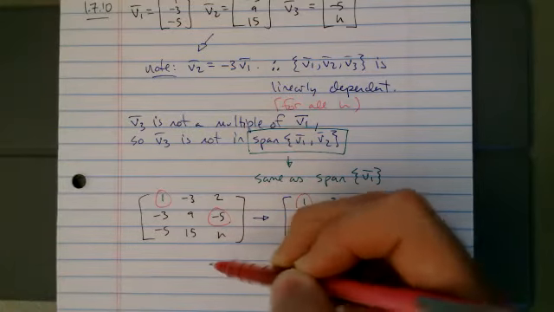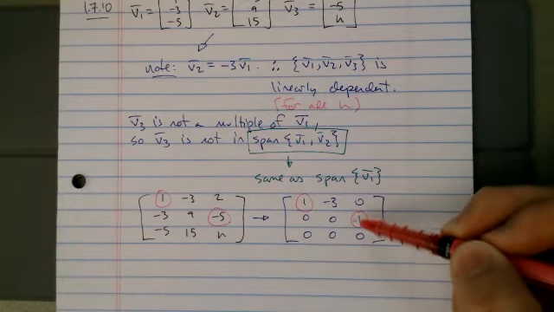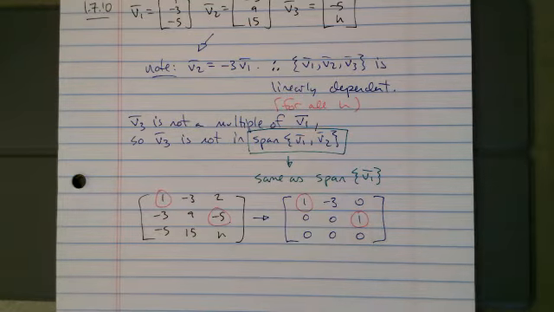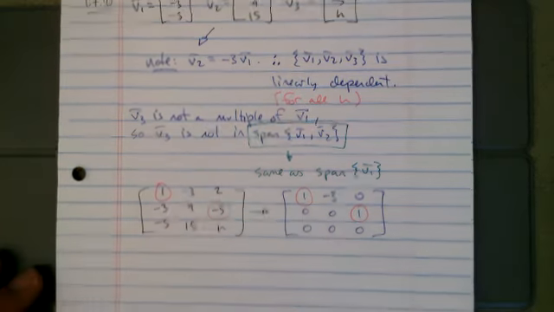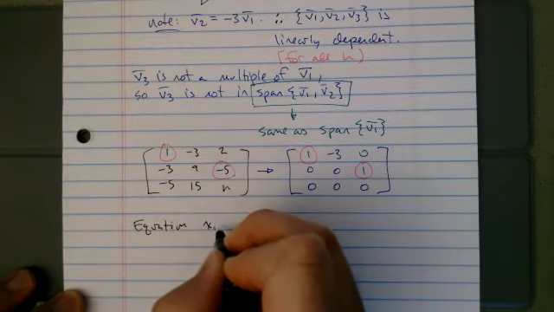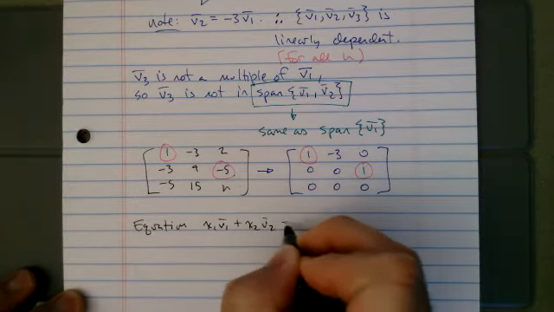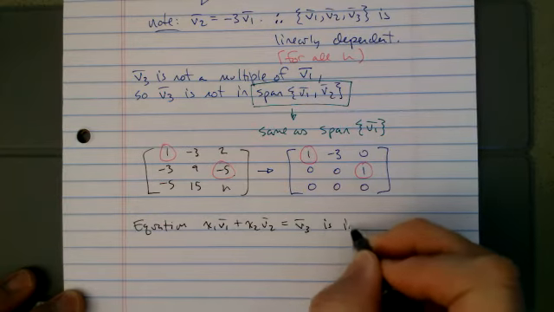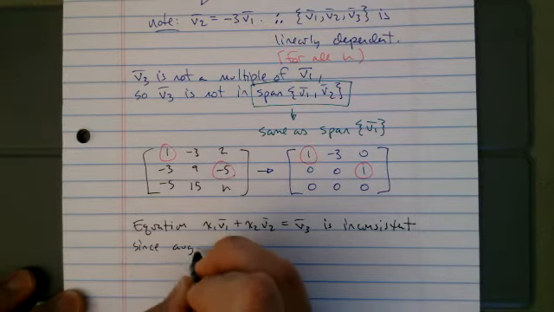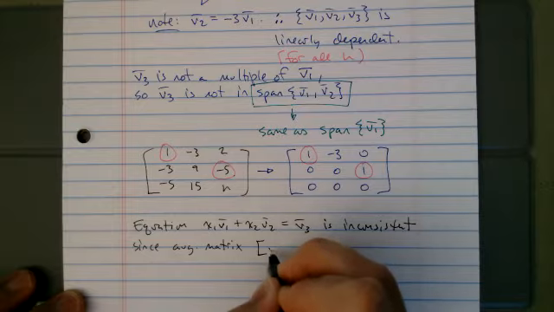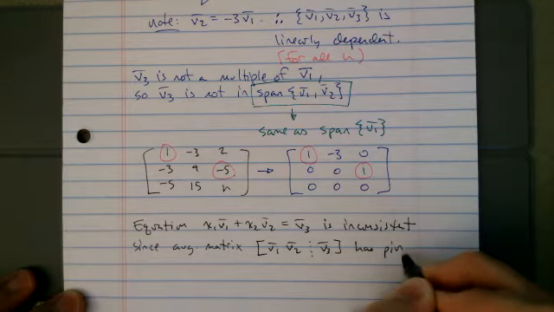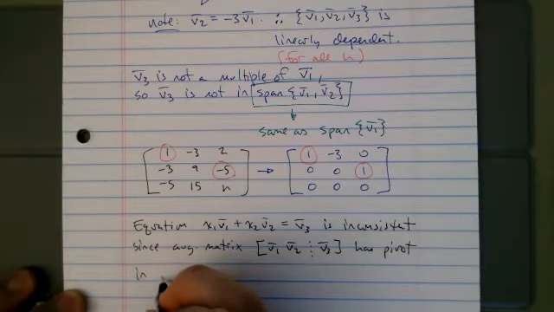If I did, I would say that the rightmost column of this augmented matrix is a pivot column, and therefore the equation x1 v1 plus x2 v2 equals v3 is inconsistent, since the augmented matrix v1, v2, v3 has a pivot in the rightmost column.